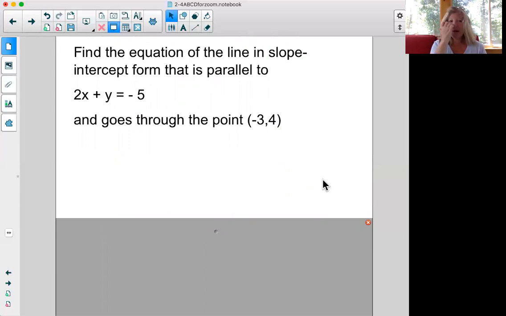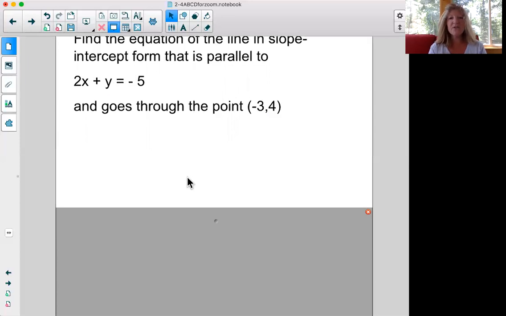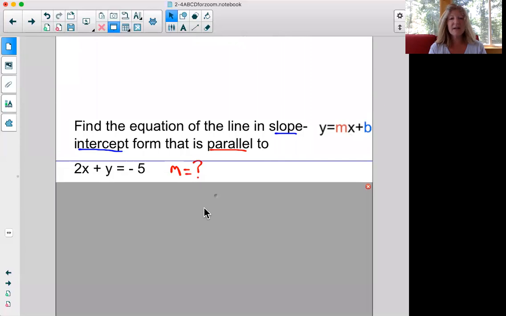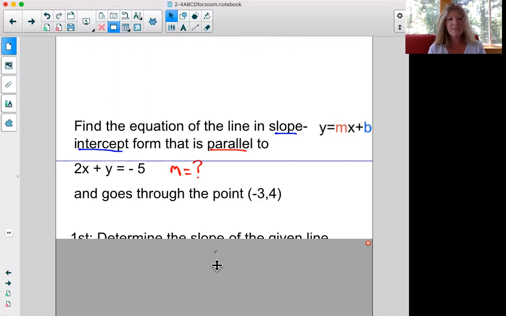So we want to find the equation of the line in slope-intercept form that's parallel to this line and goes through this point. Parallel to this line means my line has the same slope. Be careful, it's not easy to see right away what the slope of this line is. The first thing we've got to do is put that line into a form where I can easily figure out what the slope of that line is.